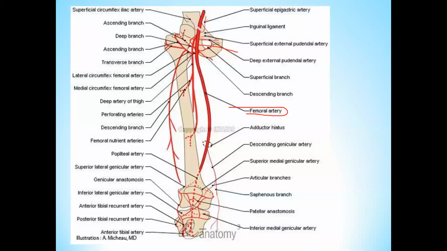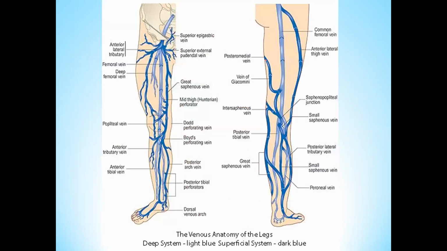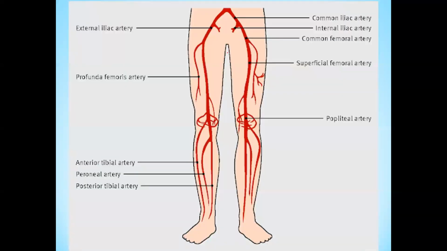And then, passing through the popliteal region to the distal leg, it soon bifurcates into the anterior tibial artery, which is labeled over here, this one, and posteriorly the tibio-peroneal trunk, which is labeled over here.